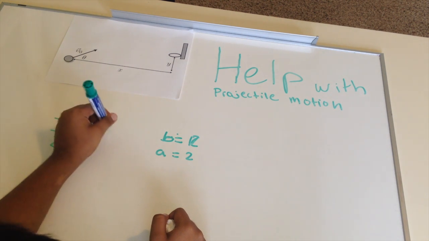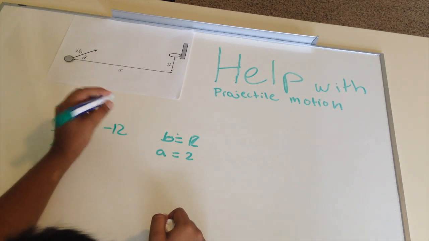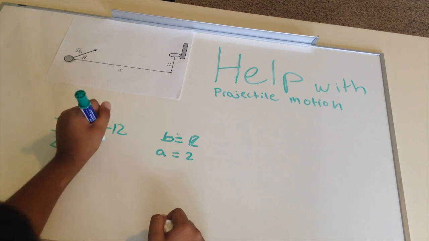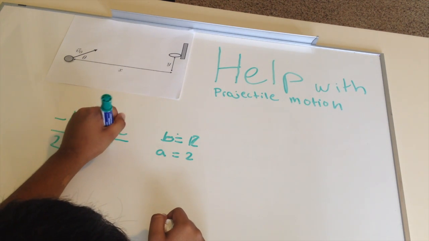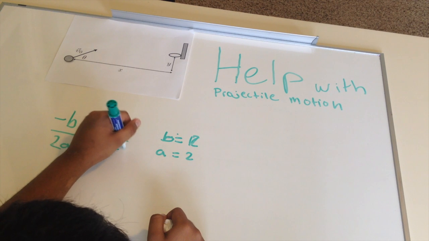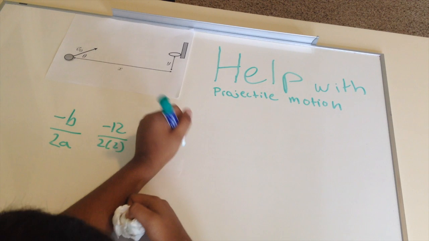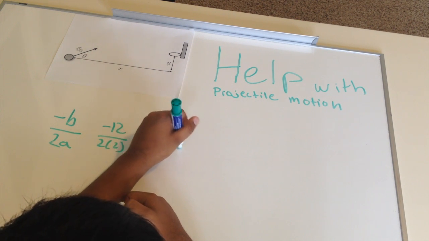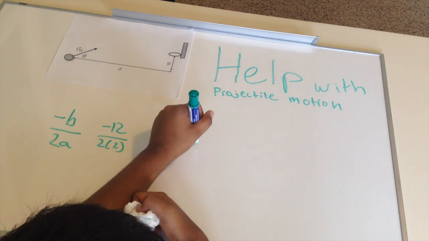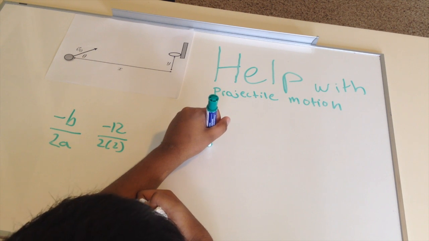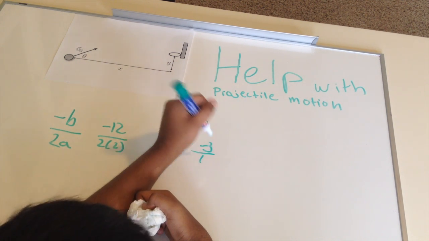So negative b would be negative 12 over 2 times a, which is 2. You'd solve this and get negative 12 over 4, and then negative 3 over 1.